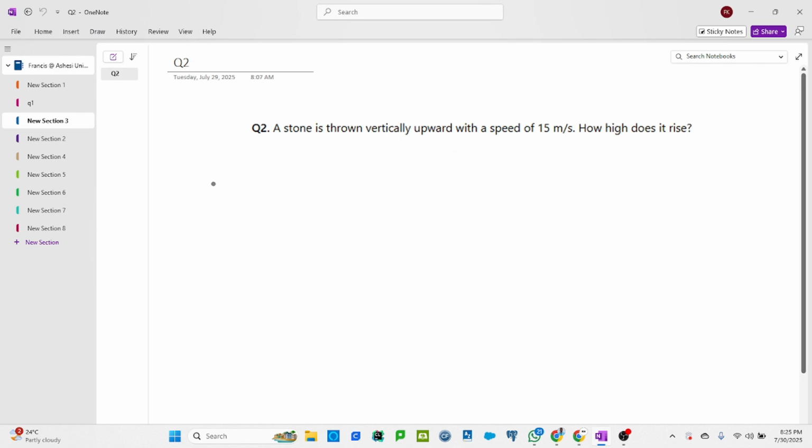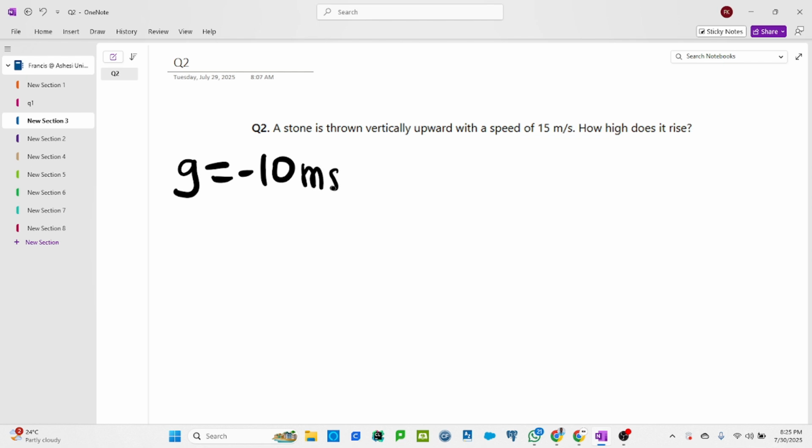So my first parameter, I got the acceleration due to gravity to be negative 10 meters per second squared. Why negative 10? Because the person is throwing the ball vertically upwards, opposing the force of gravity. Okay, that's correct.